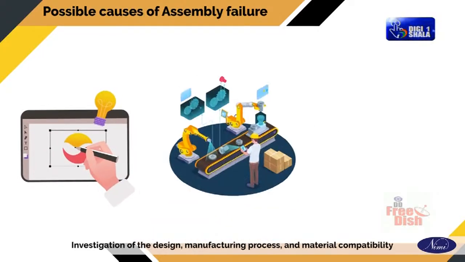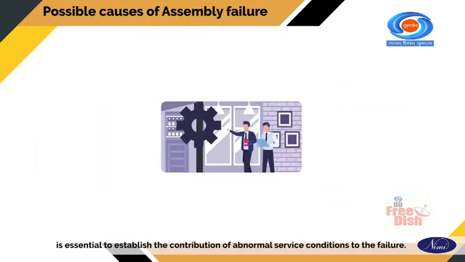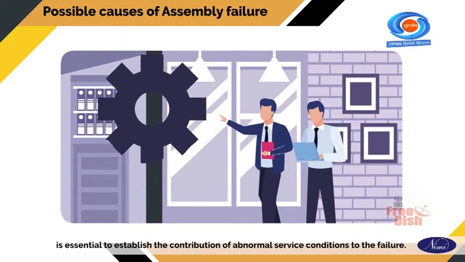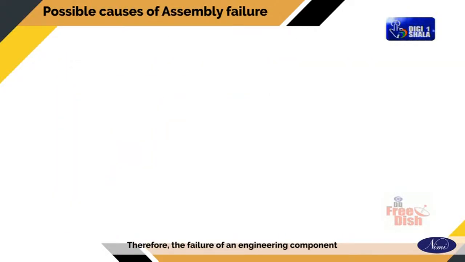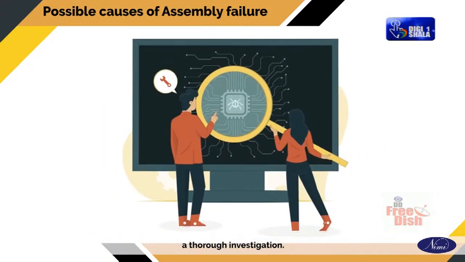Investigation of the design, manufacturing process and material compatibility is essential to establish the contribution of abnormal service conditions to the failure. Therefore, the failure of an engineering component is a complex phenomenon that requires a thorough investigation.